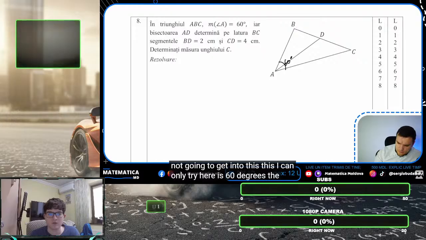BD is 2 and CD is 4, so we can find out BC, 2 plus 4. Now we have to understand what the angle of C is.